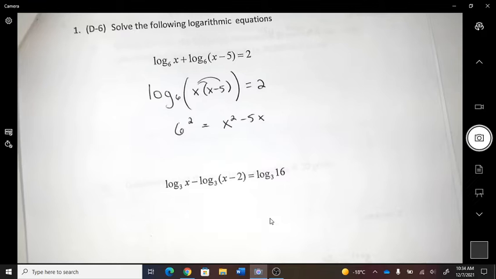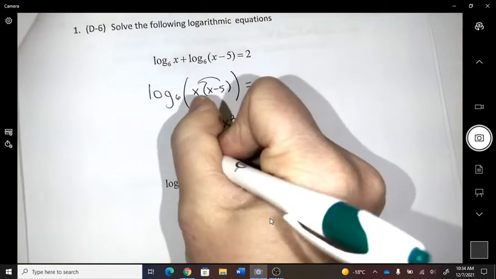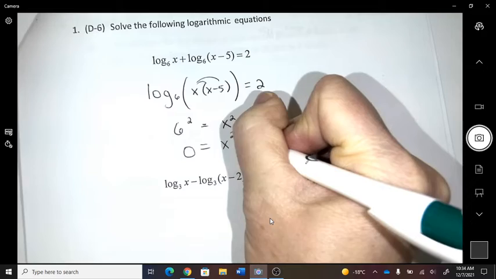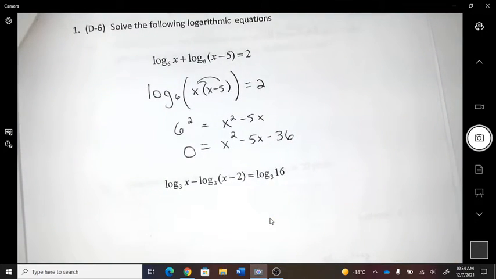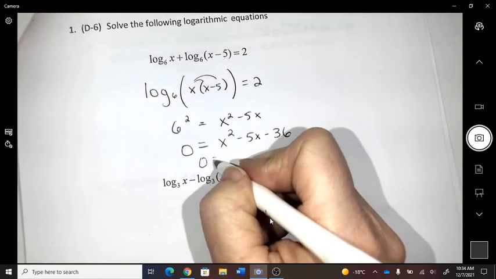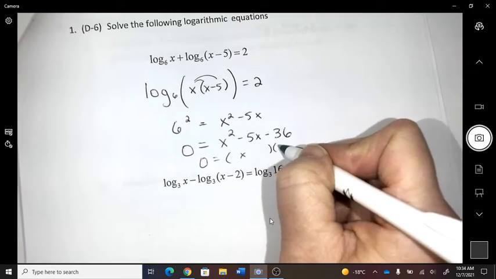What do you want to do in an equation when you have x squareds and x is involved? Does it make sense to make one side 0? So I'm going to go 0 equals, moving the 6 squared over and turning it into a 36. I'm thinking this factors, right, with a 9 and a 4.